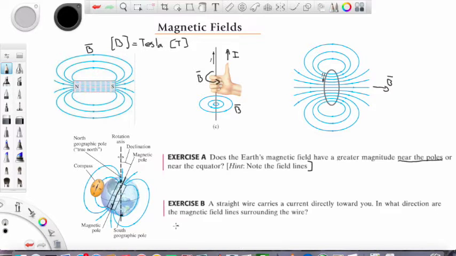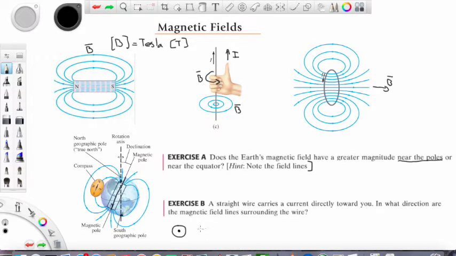In that case, the direction of the current is signified by this kind of symbol. So this would be outward from the screen, and if we had current going into the screen, it would be noted by this kind of symbol.